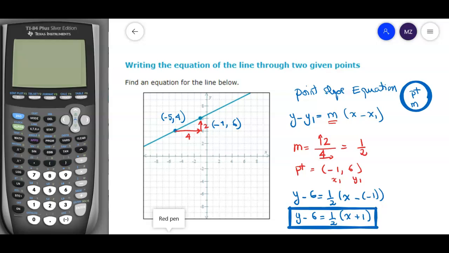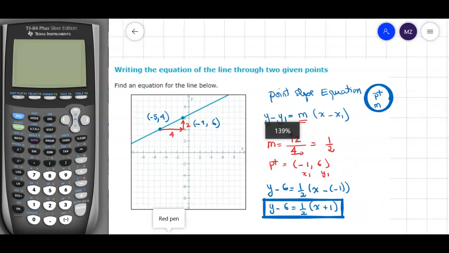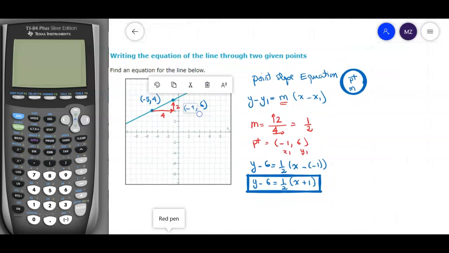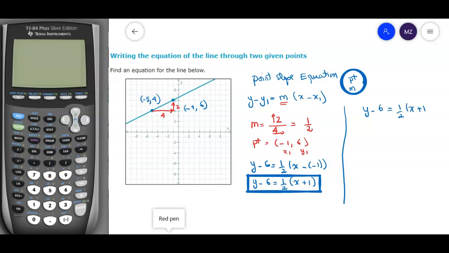Now, sometimes they don't ask for any equation, they ask for the slope-intercept equation. So I'm going to use the same equation, y minus 6 equals 1/2 times x plus 1. What you are supposed to do is get rid of the denominator. This is an equation involving fractions, so the best way is to multiply everything by the least common denominator, which is 2.